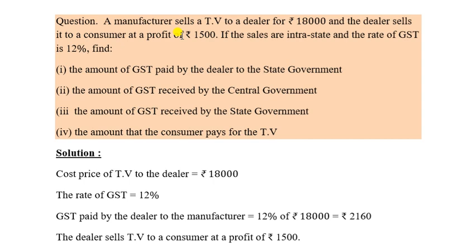If the sales are intrastate and the rate of GST is 12%, then find the amount of GST paid by the dealer to the state government, the amount of GST received by the central government, the amount of GST received by the state government, and the amount that the consumer pays for the television.